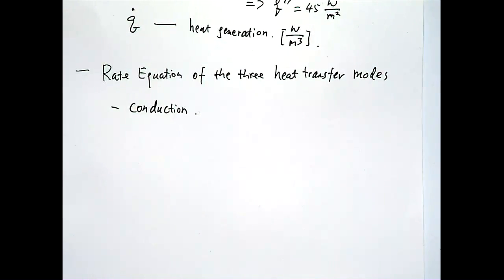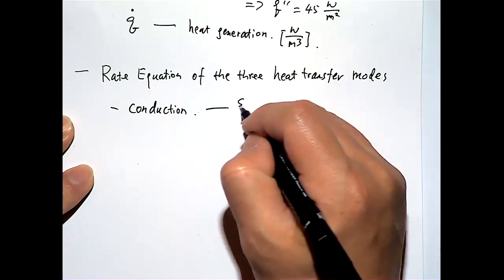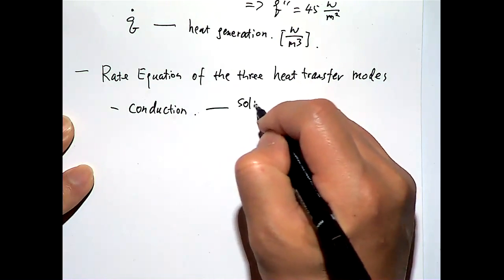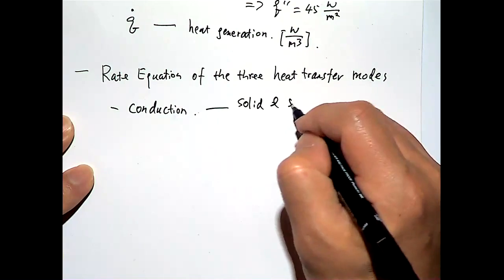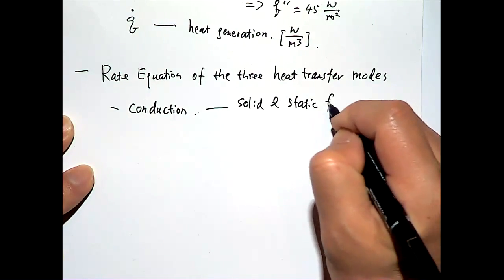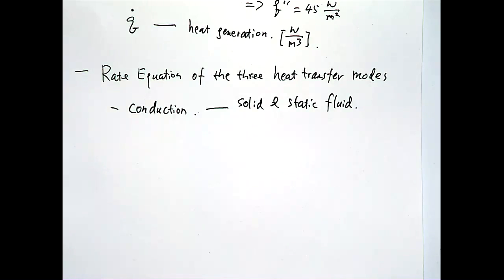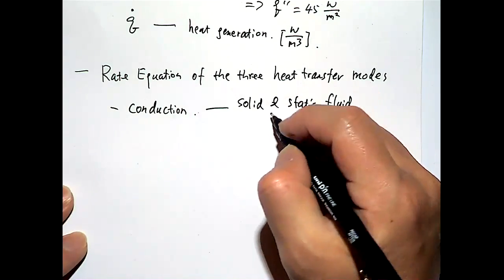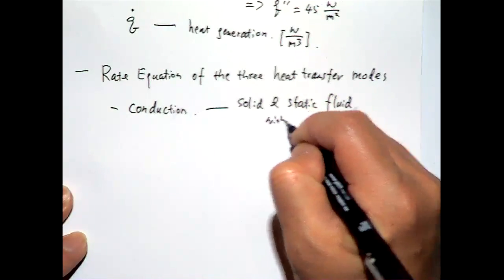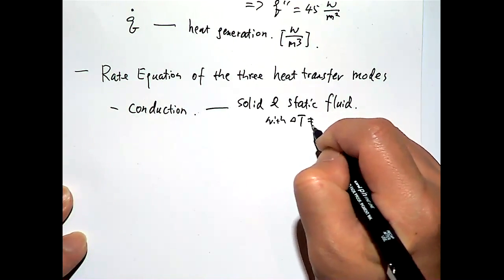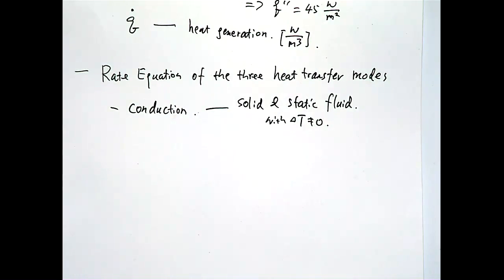Conduction, as we said, can happen in solids and in a static fluid. And for any heat transfer to happen, you need a temperature difference, with delta T not equal to 0.